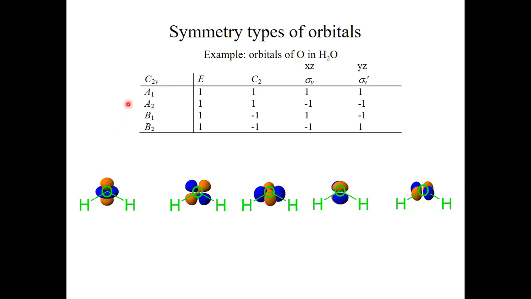So in order to determine this, just ask, what do the individual symmetry operations do with this wave function? Does the algebraic sign get changed or not? If it's getting changed, the character is -1. If it's not getting changed, the character is +1.